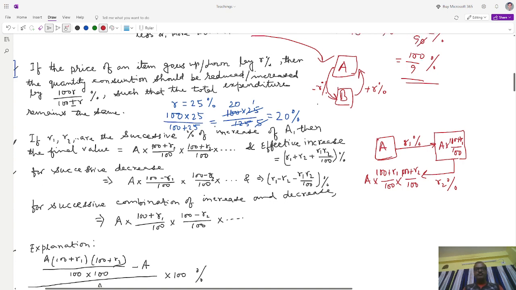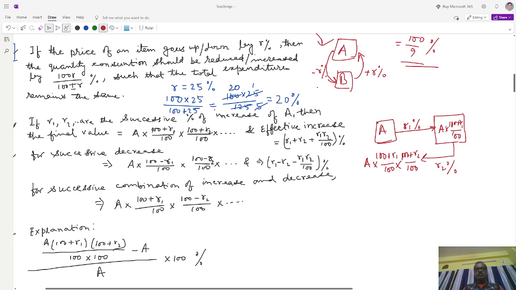Now, what is the difference between this final value and the initial, original value?